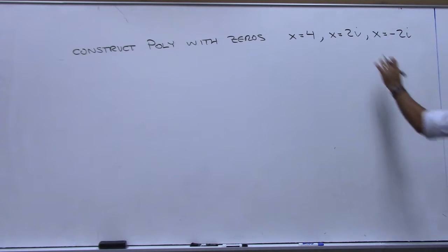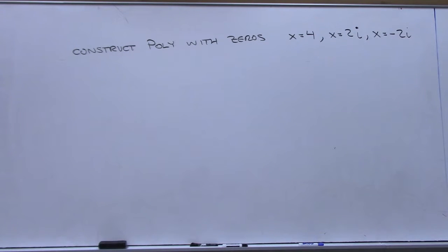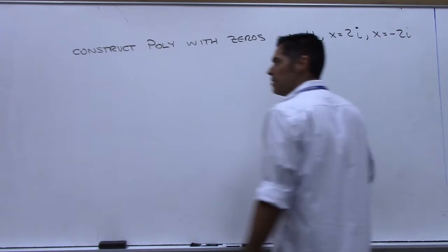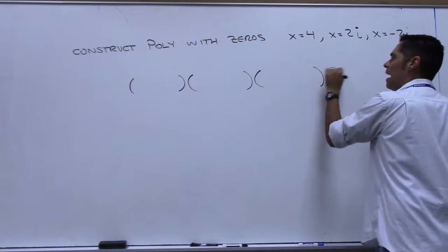I want you to construct a polynomial that has these zeros. So I'm going to create, what, 3 factors like that?